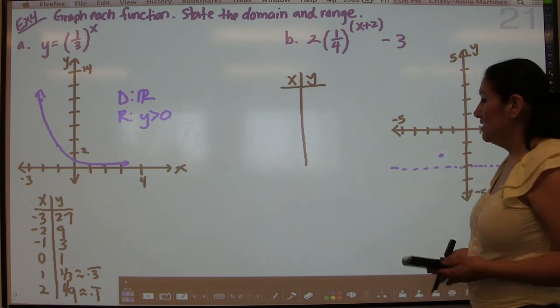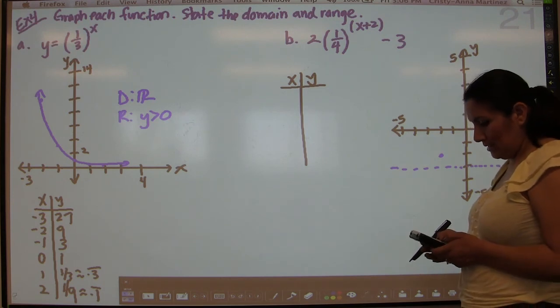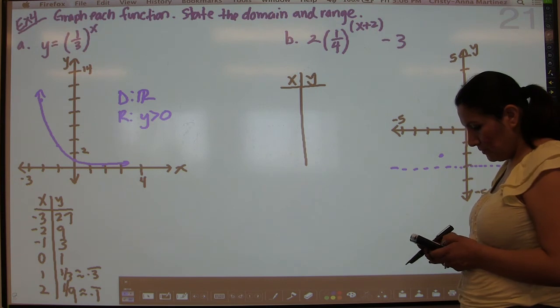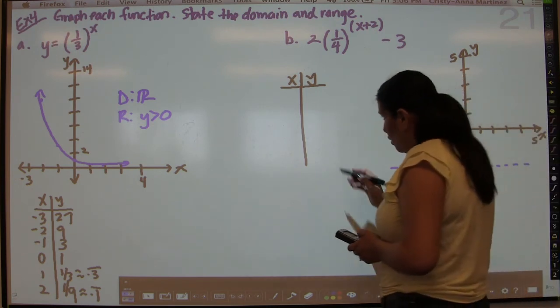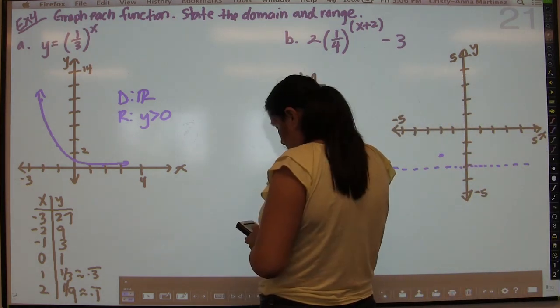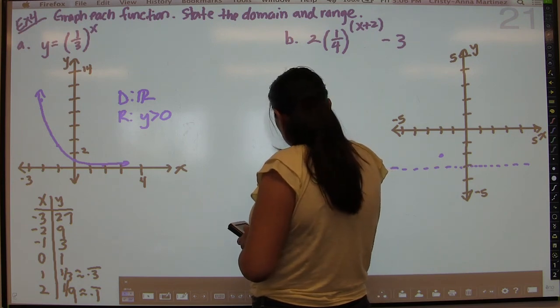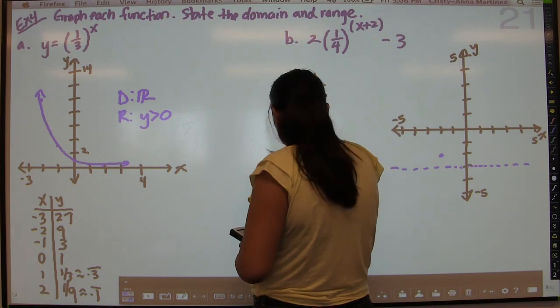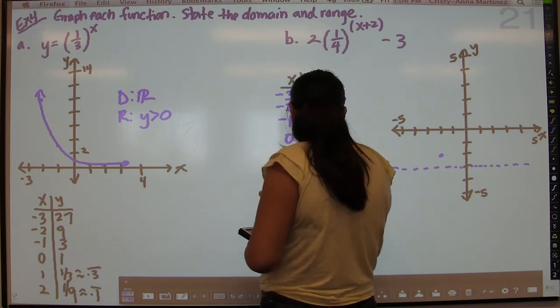But for those of us that don't know how to read that little guy, we're going to go ahead and do a table. And so we're going to go with -3, -2, -1, 0, 1, 2. Okay?